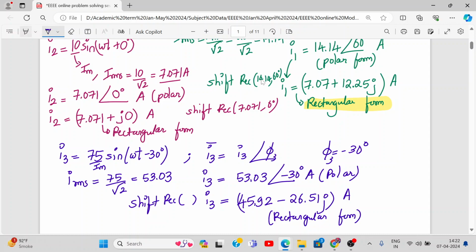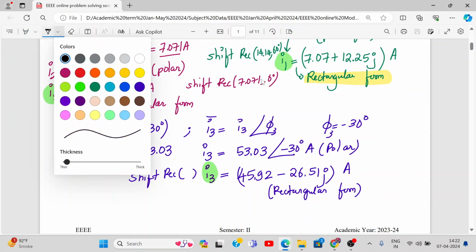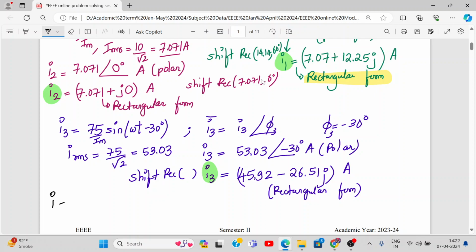Now I have to add these three quantities. See this. Number 1, number 2 and number 3. So add them together now in rectangular form. You can add in rectangular form only.